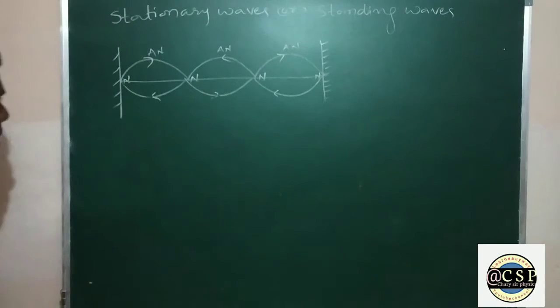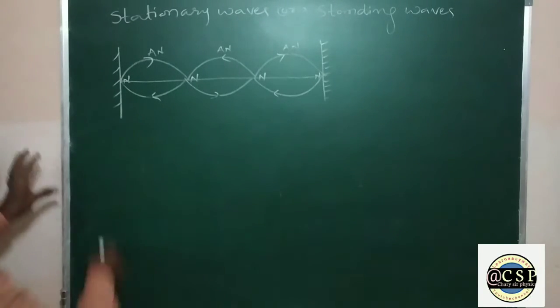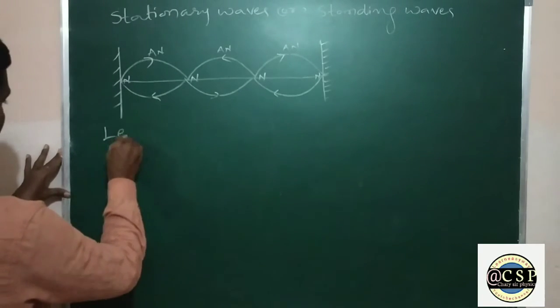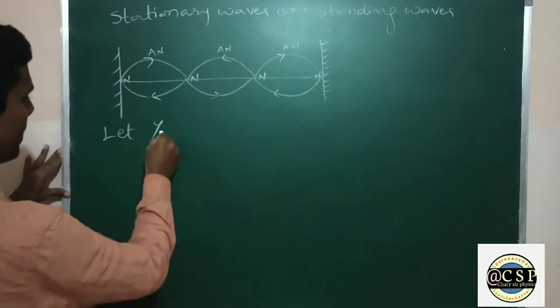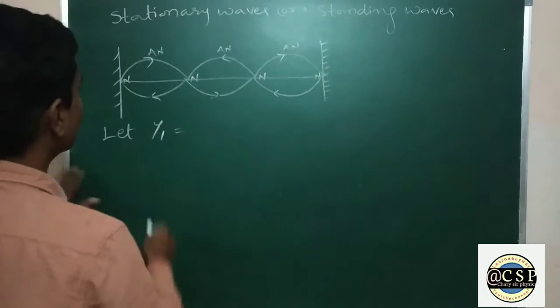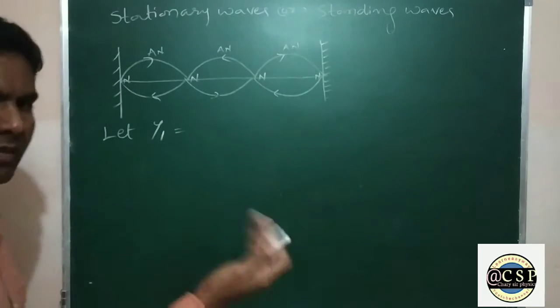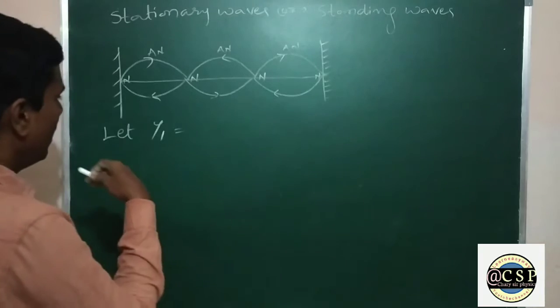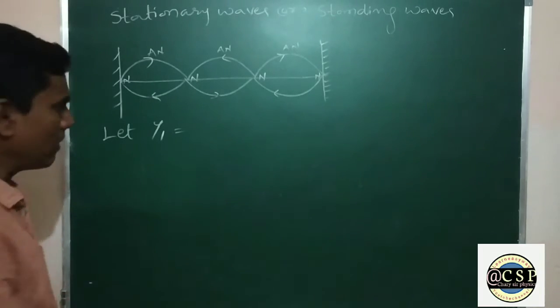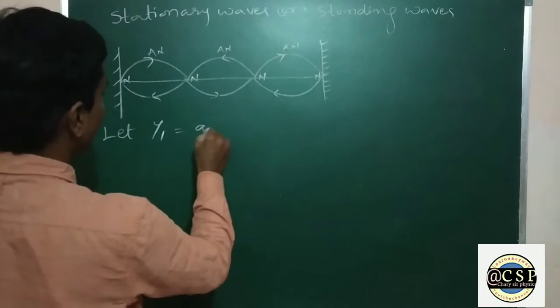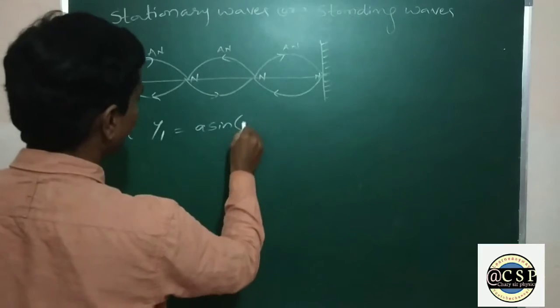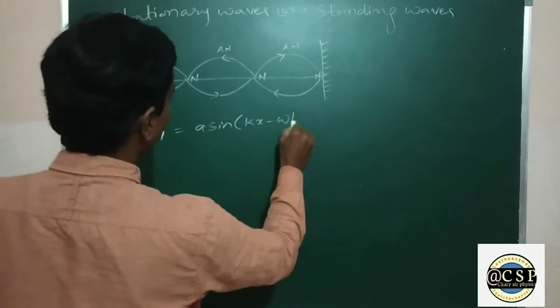Now we take the displacement of the first wave. Let the displacement of the first wave be y1. The wave is moving in the forward direction, hence the displacement equation is y1 equals a sine of kx minus omega t.